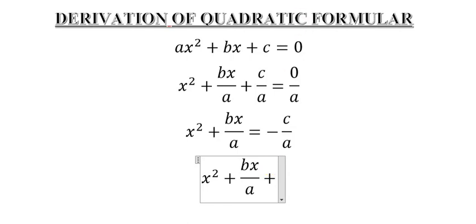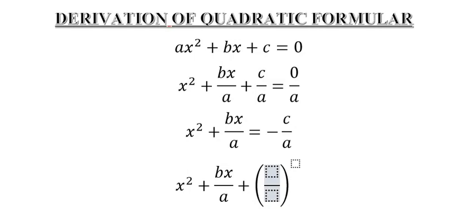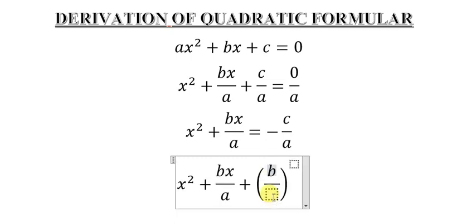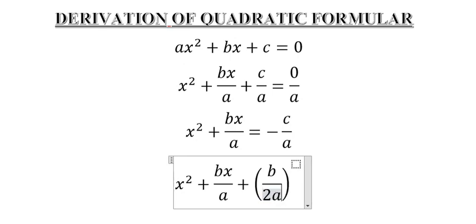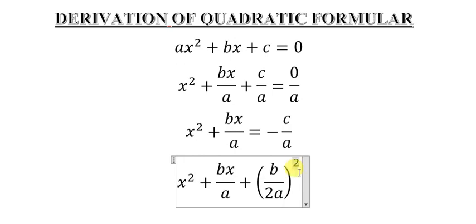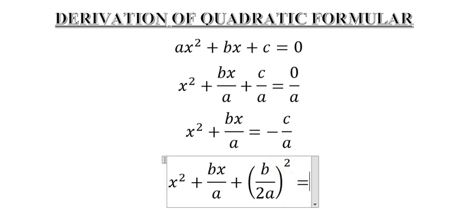So the question is, what will be half? Right, like we said, so b out of 2a, all squared, added to the left side of the equation and to the right side of the equation.